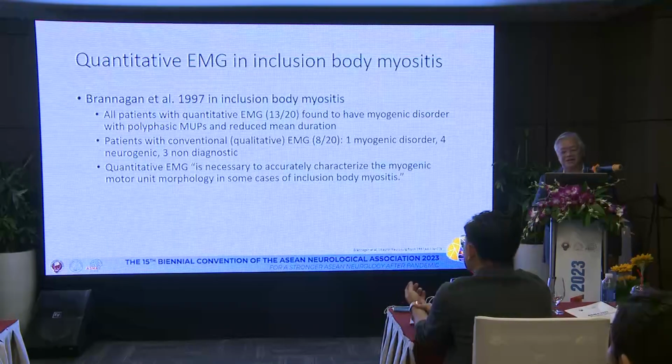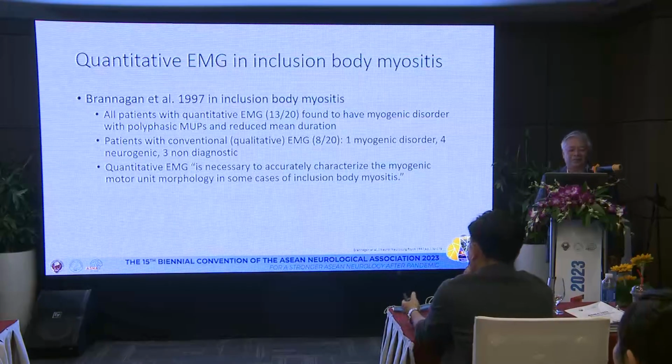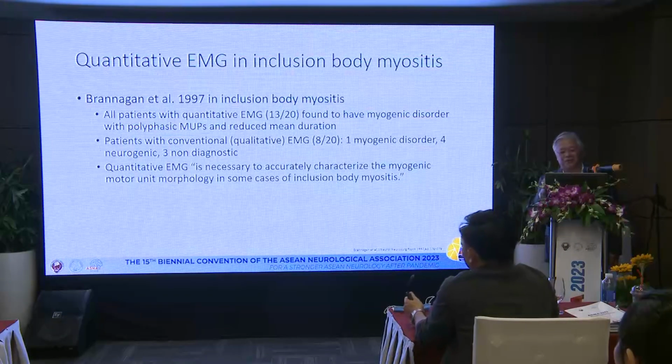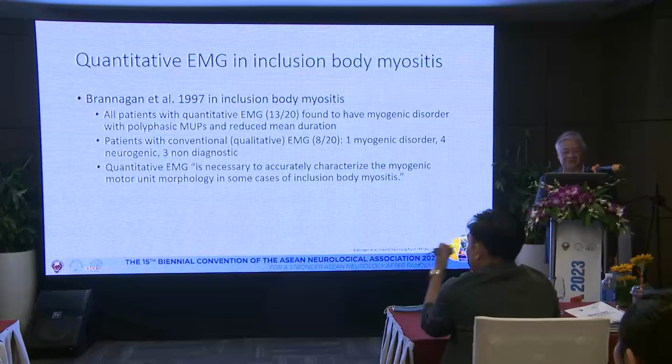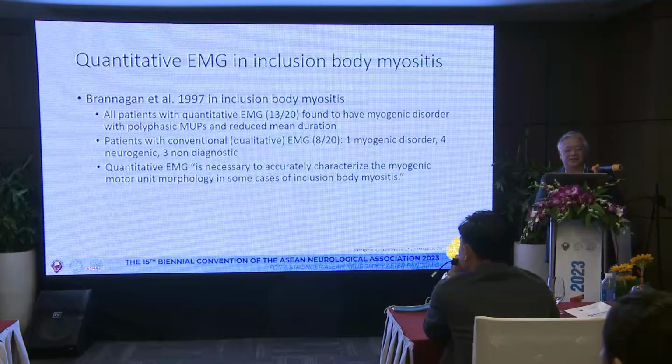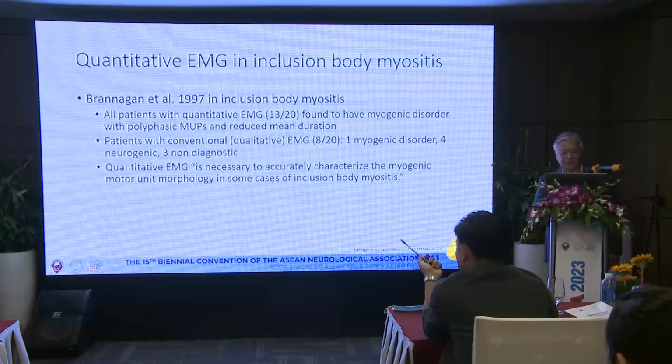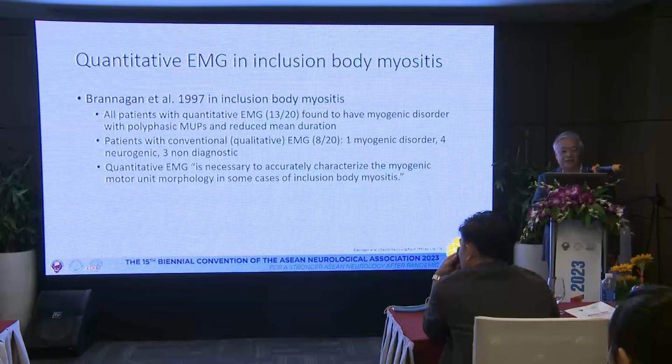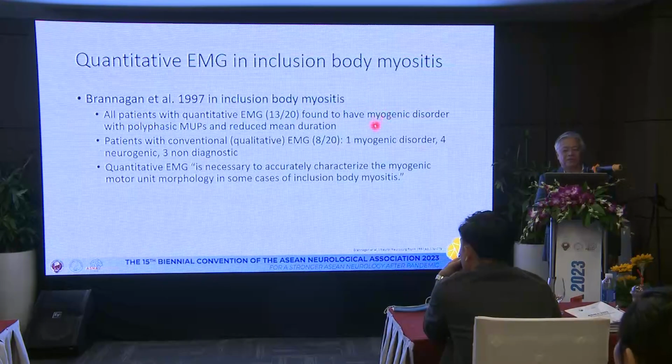How good is this technique? Well, a friend of mine, Tom Brannigan, did this study in '97 in inclusion body myositis. Unfortunately, he looked at 20 patients, but not all of them had quantitative and not all of them had regular EMG, believe it or not. But if you look at the patients who had quantitative EMG done, 13 out of 20, we were able to find myogenic disorder in almost all of them.